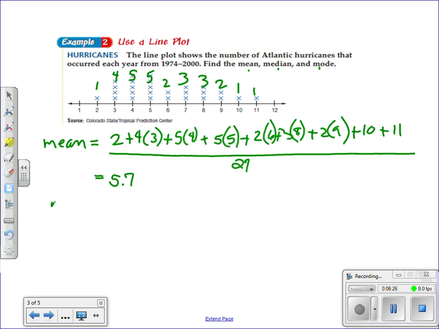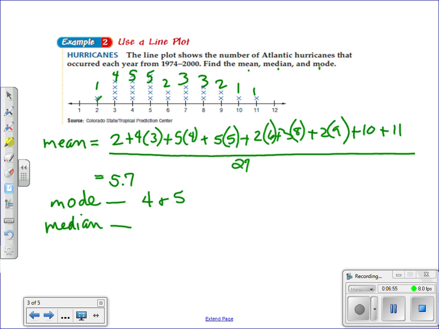What was the mode? Mode occurs most often. Well, the mode would be 4 and 5. Those both happen the most often. They both happen 5 times. The median is going to be the 14th number.